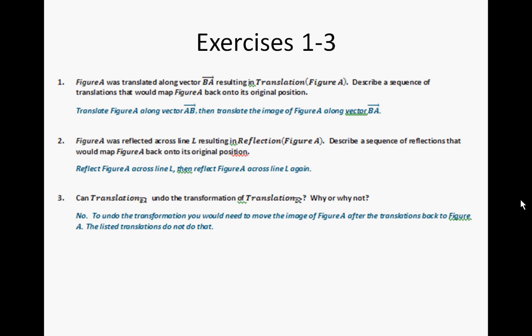Can a translation undo the transformation? No. To undo the transformation, you would need to move the image of figure A after the translations back to figure A. The listed translations do not do that. So, again, the difference between translating and reflecting. Translating you can undo by moving in a different direction, but reflection is just, if you reflect again, you end up in the same spot.